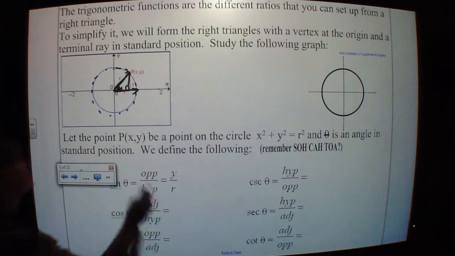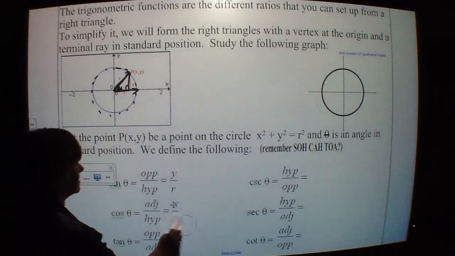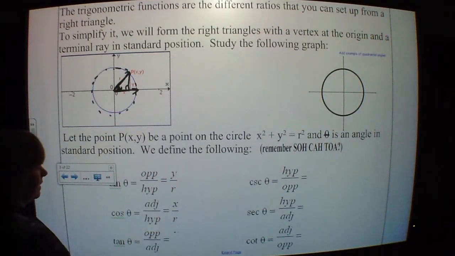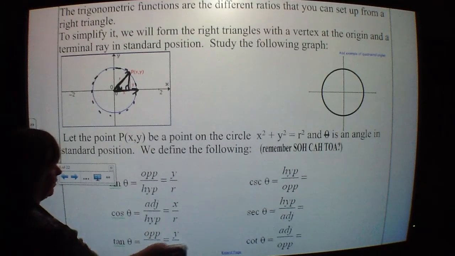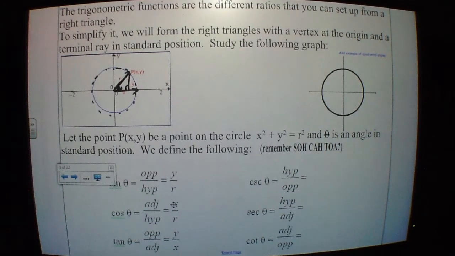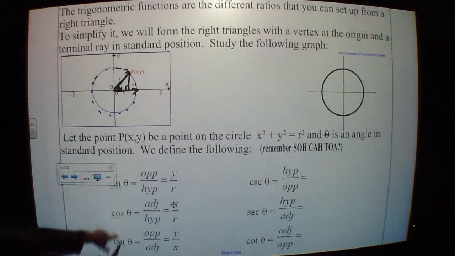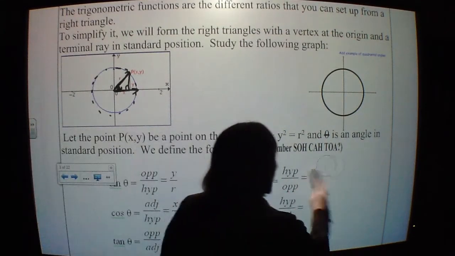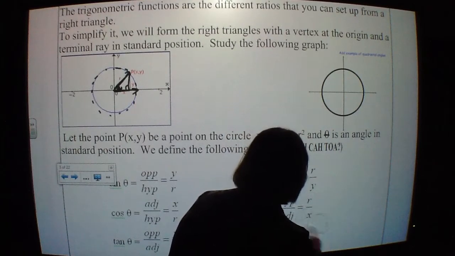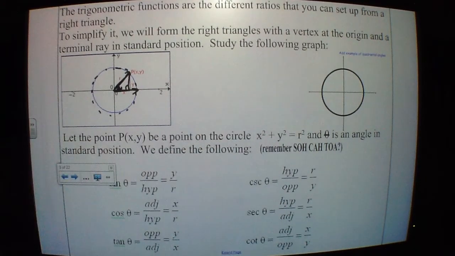Cosine, instead of adjacent over hypotenuse, is x over r. Tangent, instead of opposite over adjacent, is y over x. Cosecant, secant, and cotangent are the reciprocals: r over y, r over x, and x over y.